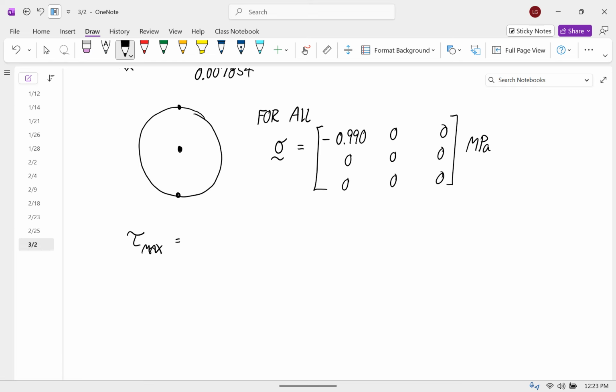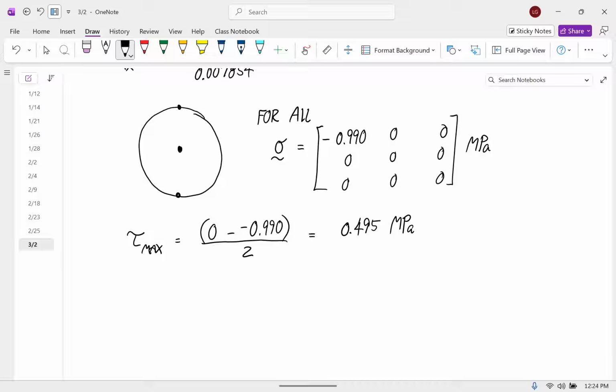So the maximum shear stress would be 0 minus negative 0.990 divided by 2. And so that is 0.495 megapascals.